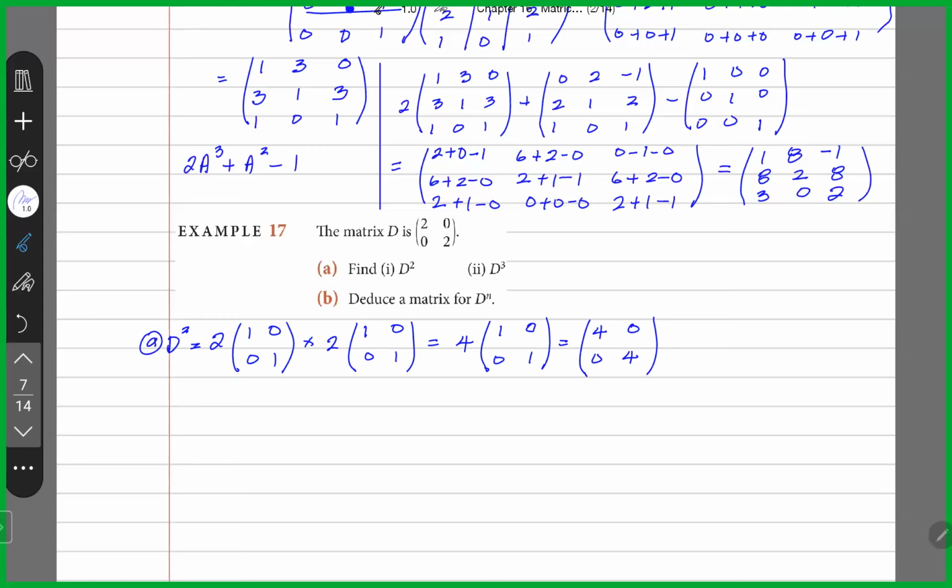D cube would be D squared times D, or D times D squared. D cube is D times D squared.